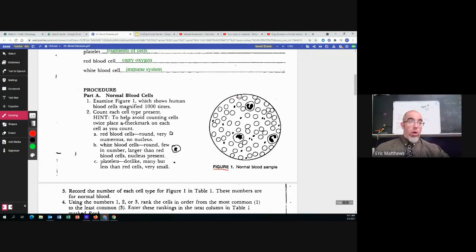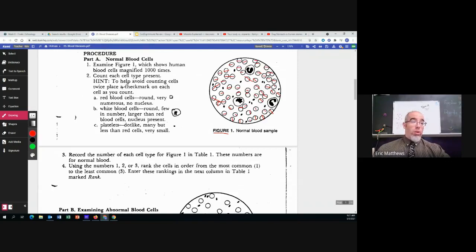So I start and I go 1, 2, 3, 4, 5, 6, 7, 8, 9, 10, up through 57. So I counted 57 red blood cells for figure 1.